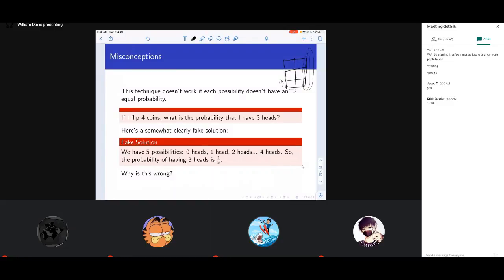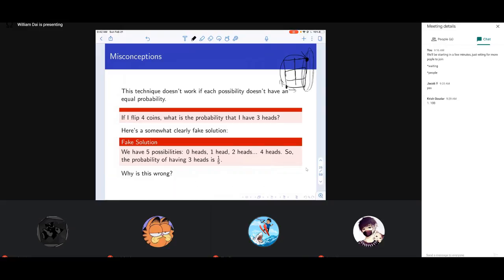A common mistake a lot of people make is this: say you want to find the probability that it reaches this corner here. A lot of people just find the number of ways to get to this corner and then divide by the total number of possibilities.